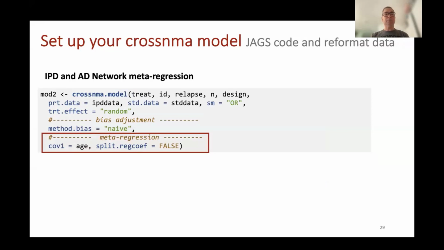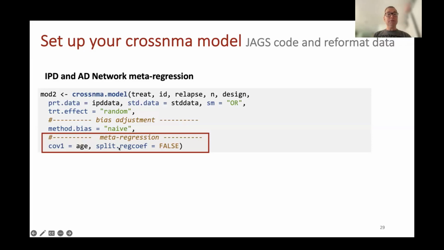Okay, network meta-regression. The same information as before, but here in this model, what we add is information on the covariate. And as has been already said, we have at the moment only 3 covariates implemented, and those are three arguments: cov 1, 2, 3. If there would be a need, we could extend this, but for the time being, we said let's start with this.